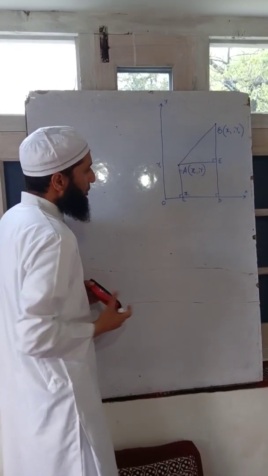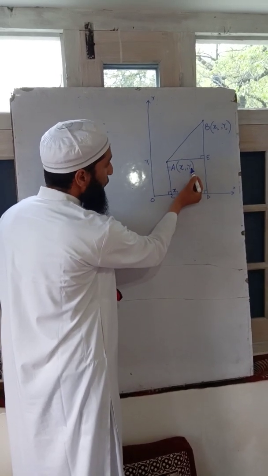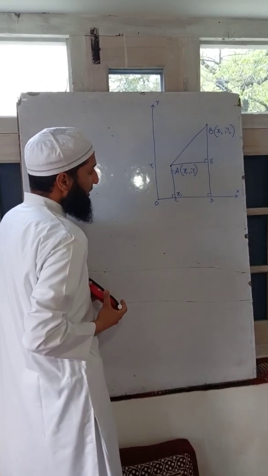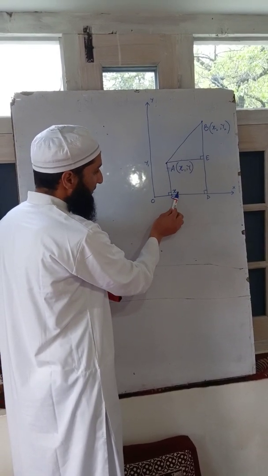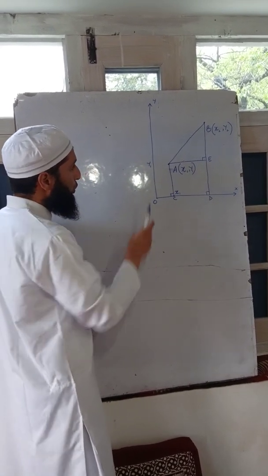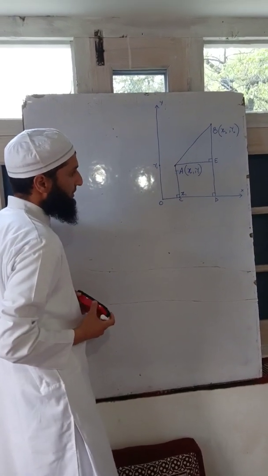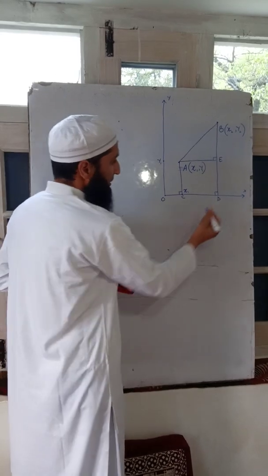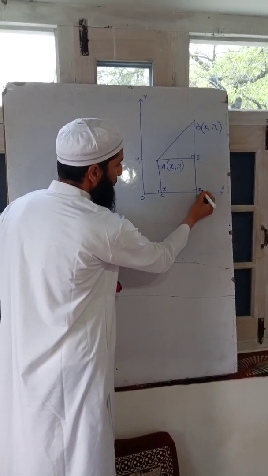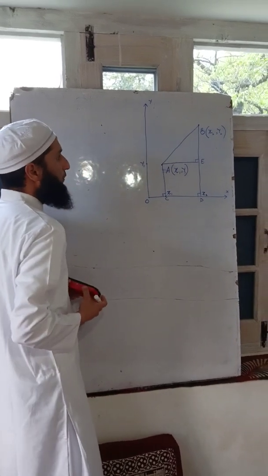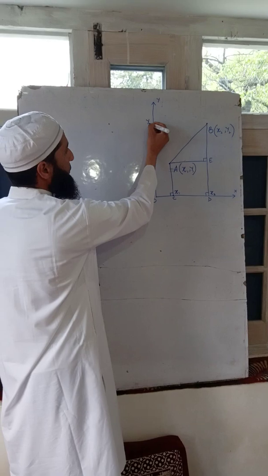This is because point A's coordinates will be x1 and y1 only when the value of x-axis at point C is x1 and the value of y-axis here is y1. Similarly, the value of x-axis at point D will be x2 and the value of y-axis in this direction will be y2.